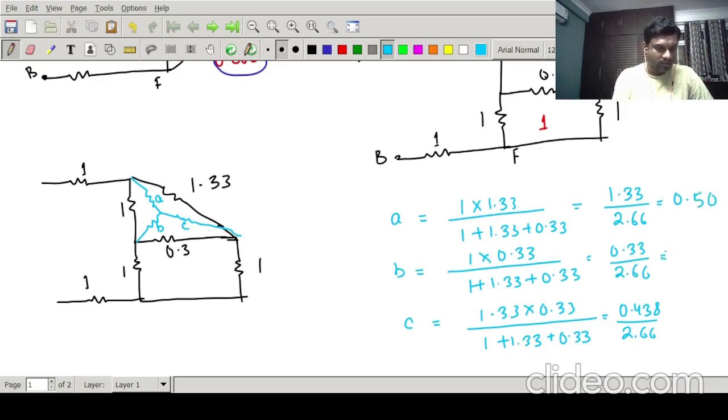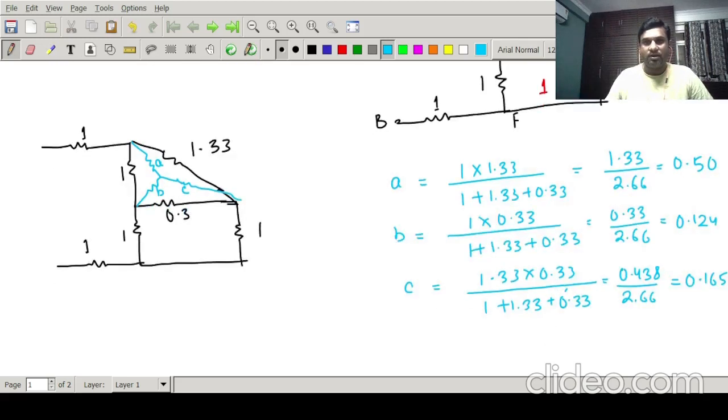Again I will get 0.33 divided by 2.66, which is 0.124, and here I will get 0.165. Now I have to again redraw the circuit.